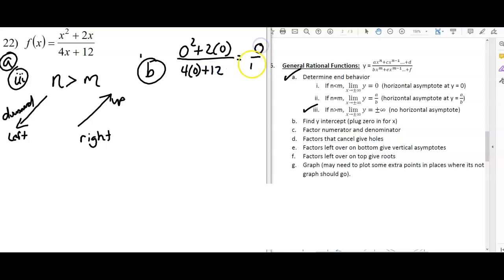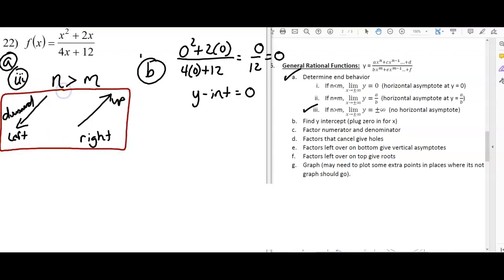Which just gives me 0 over 12, which is 0, so my y-intercept is 0. Okay? So we've got 2 useful pieces of information. I know what the left and right side of my graph looks like, and I know that the y-intercept is 0. Let's continue looking for more stuff here.